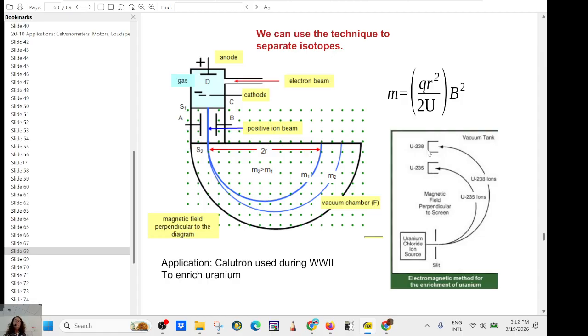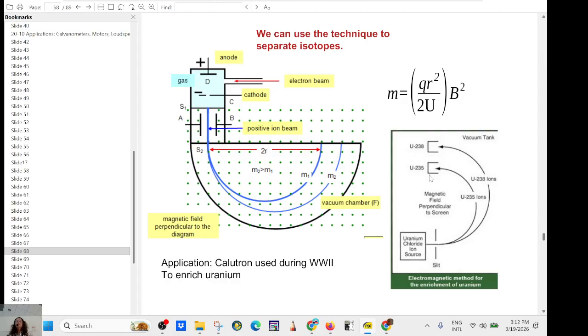However, because they do not have the same mass, a genius, his name was Ernest Lawrence from Caltech, used the mass spectrometer to make what is called a calutron. Okay, so he used this technology to sort out uranium.